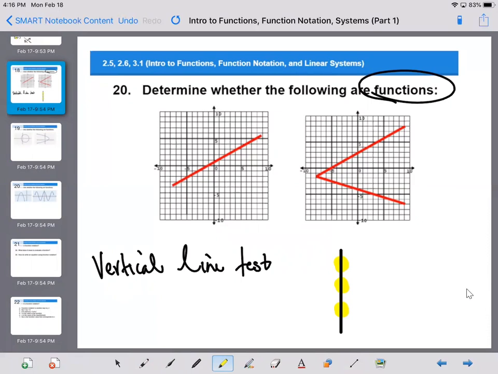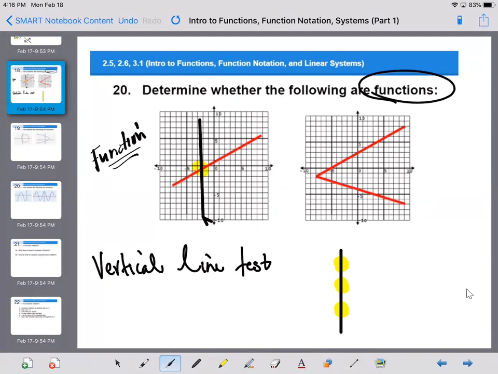And if it crosses more than once, then that means that we have the same x value and different y values. For instance, here, if I draw the vertical line here, I only see it cross that graph one time. So the one on the left is a function.